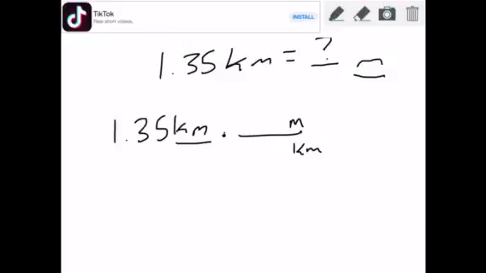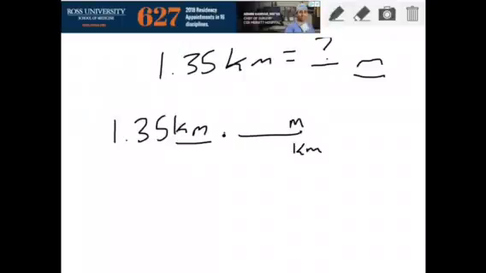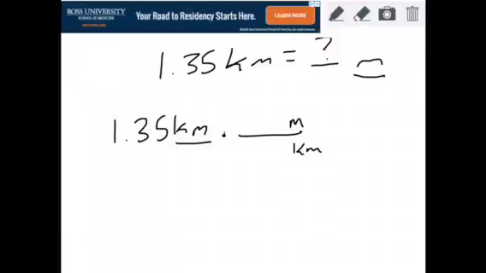If we look back to our previous slides, maybe you can rewind this and look at that. Kilo means 1,000, so we know that 1 kilometer equals 1,000 meters. So how do I do this here?